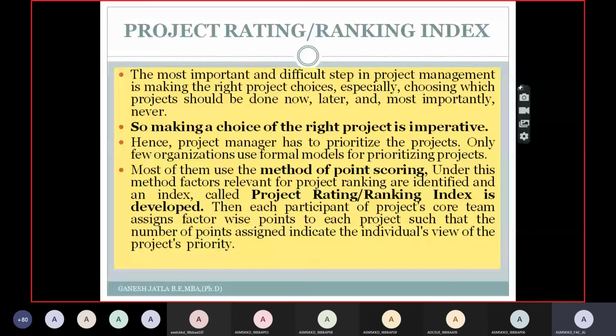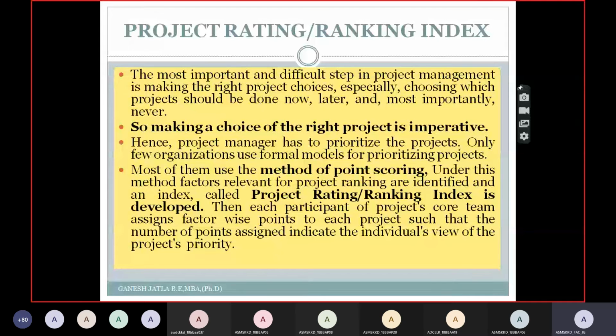For example, one idea may be taken directly now because it is suitable to the current situation, and some idea you can keep for a longer way because you can have a market in the future, but not right now, that is later. But some ideas are not worthwhile, so you drop those ideas. That idea will not become successful anyway. These are the things you identify with the project rating or ranking index.